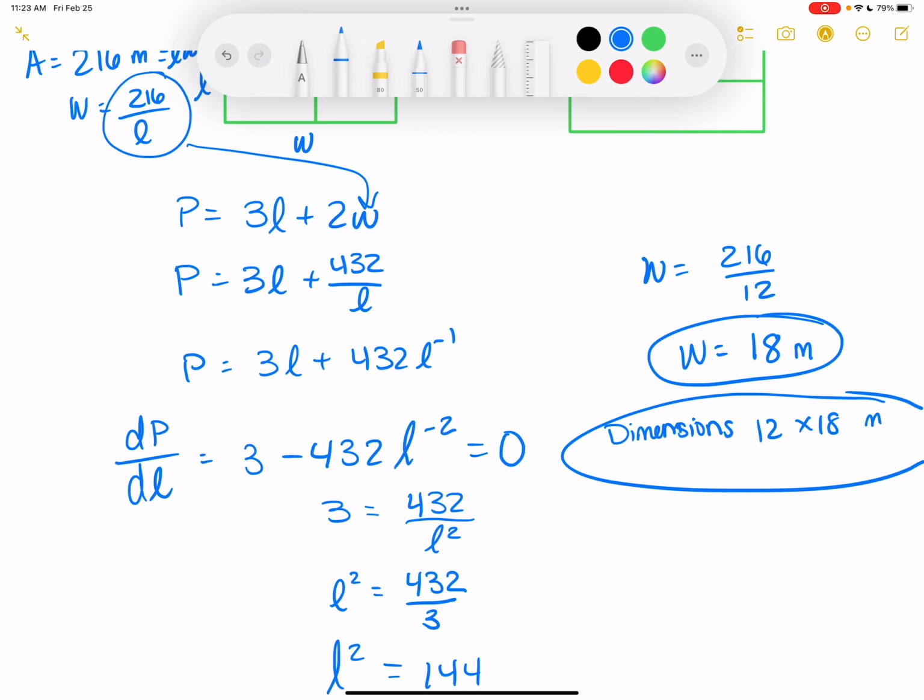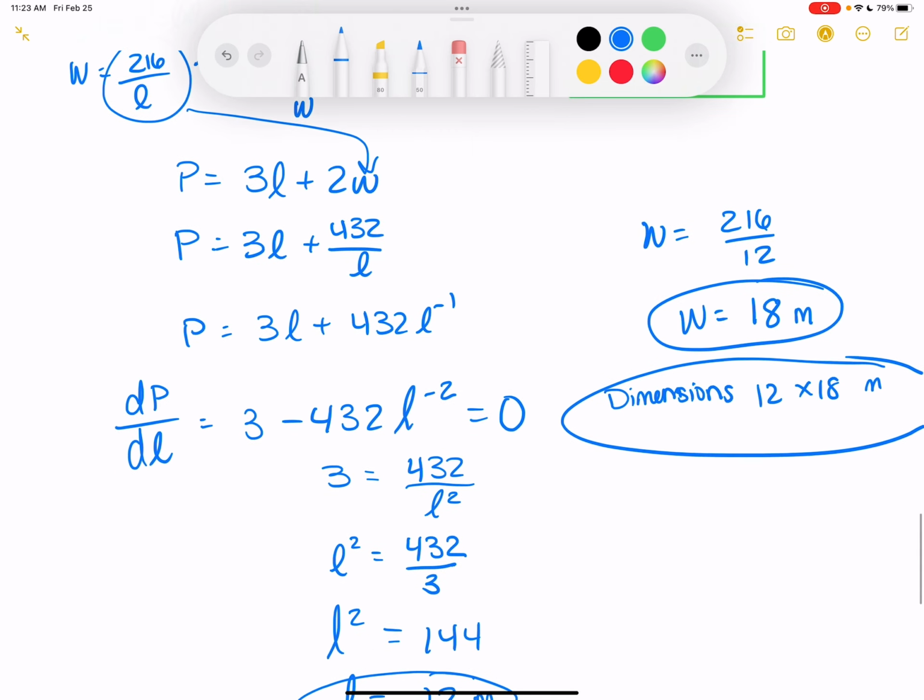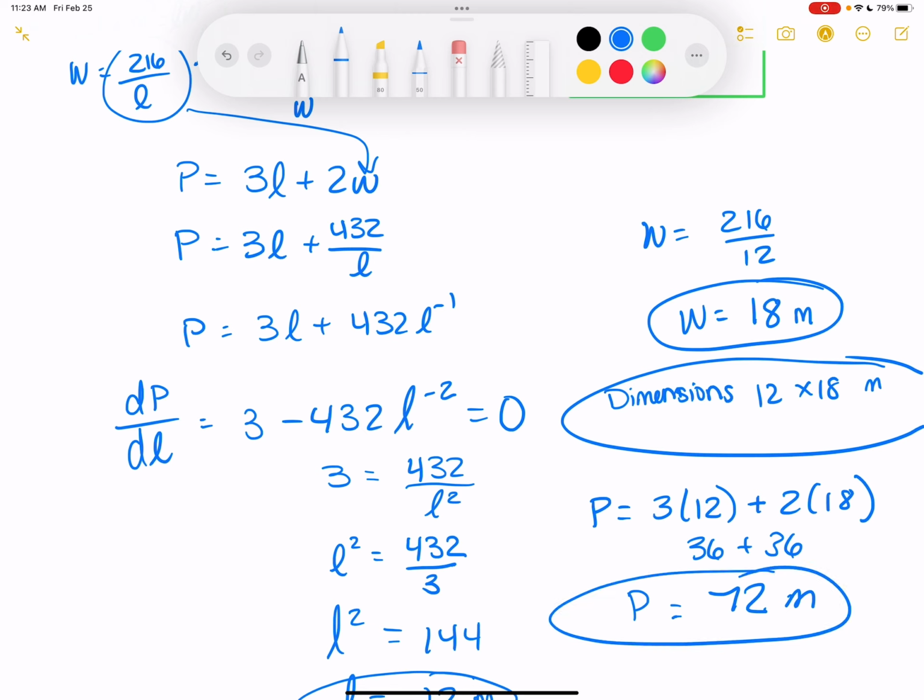So that's part of what it asked me for. And then it also wants to know the total fence length that I need. So I'm going to plug it back into the perimeter equation. So P is equal to 3 times 12 plus 2 times 18. So is that 36 and 36? Yes. So that would be 72 meters total of fence that I need.